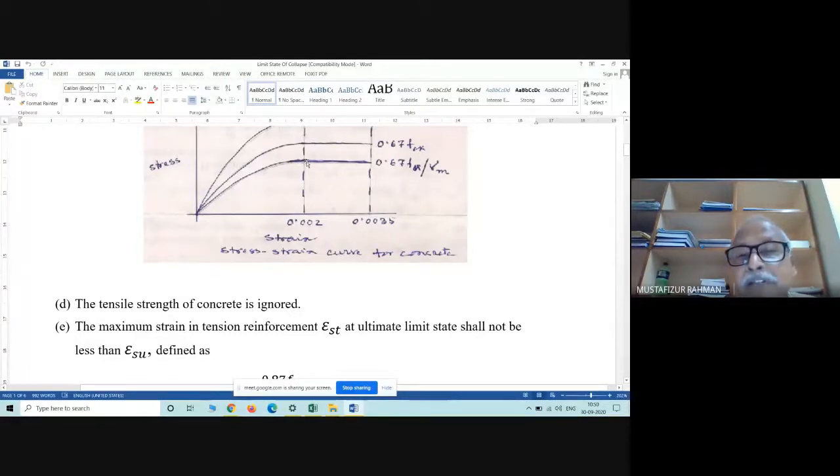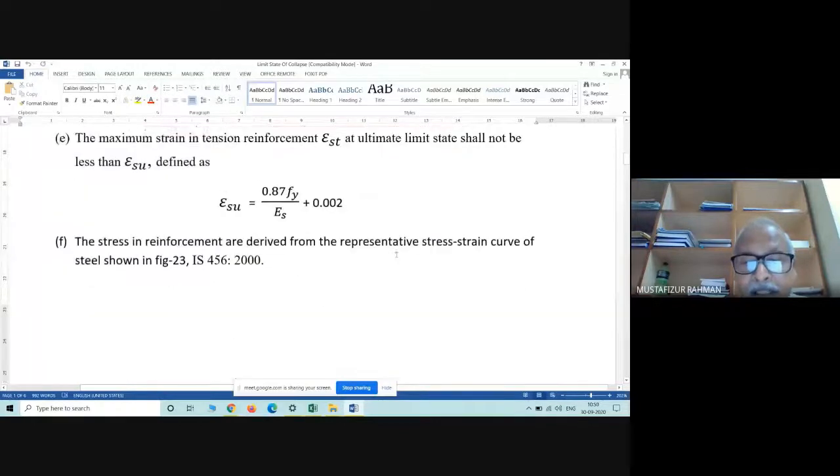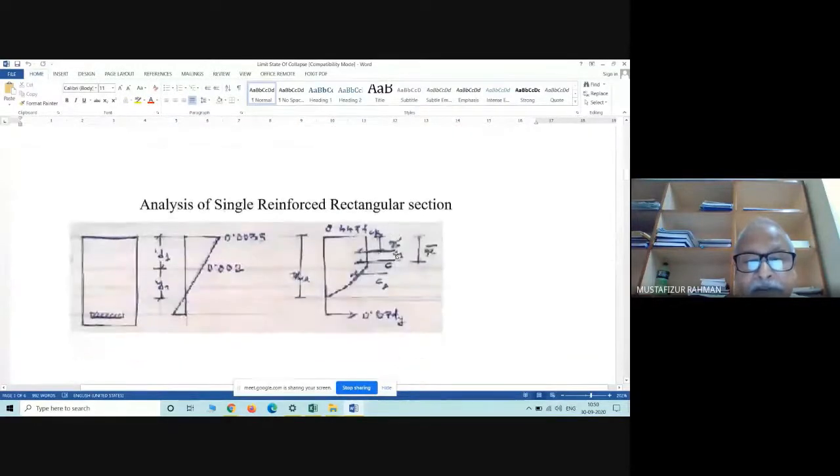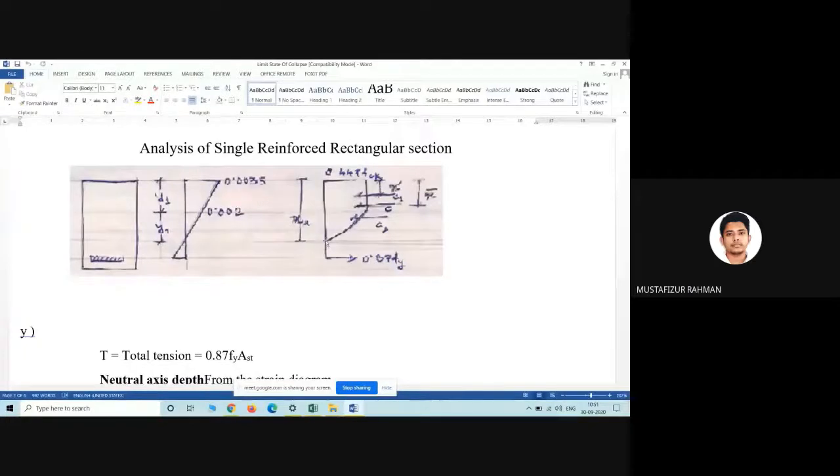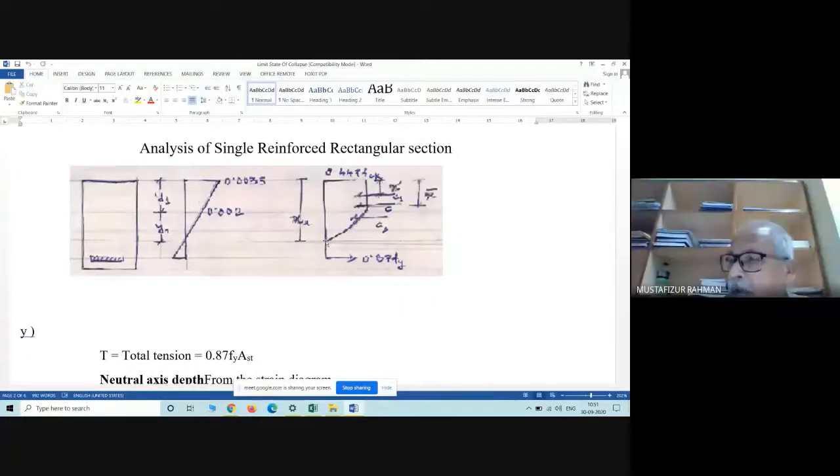After that, stress remains constant. So this is the neutral point, and gradually stress increases upward. Here it is maximum, then stress is constant, and the constant value comes here.